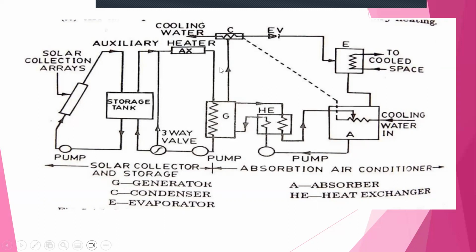Here is the condenser. There is a pressure created when the generator is pushing energy to the condenser. The pressure in the condenser and the generator is fixed largely by the temperature drop across the heat transfer surface in the generator and the condenser.